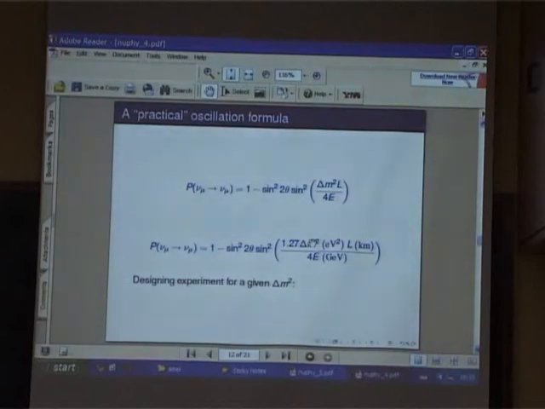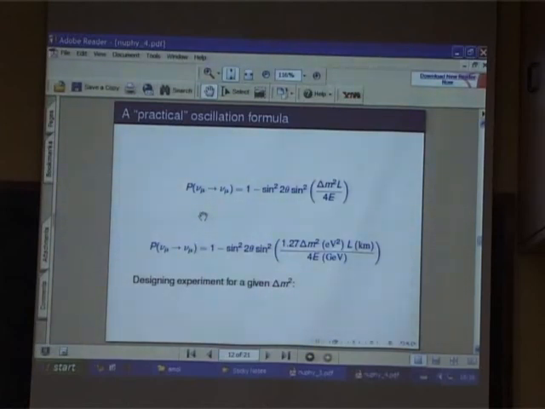If it's atmospheric, you just write 2.5 times 10 to the minus 3. The length you write in kilometers, and energy you write in GeV. Once you do this, you just multiply with that factor 1.27. This is the form that people use practically when we are doing simulation.